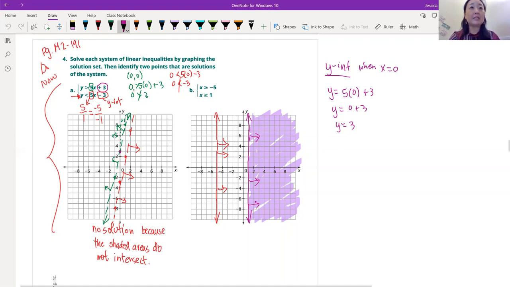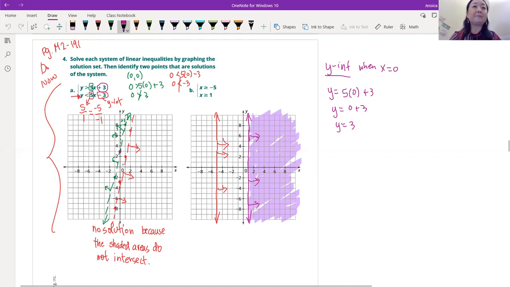When we plug it in, 0 is greater than 5 times 0 plus 3, which simplifies to 0 is greater than 3. Is 0 greater than 3? No, not greater than 3. So 0, 0 is a point, but it's not a solution. So we know the shading is going to be on the other side, to the left.